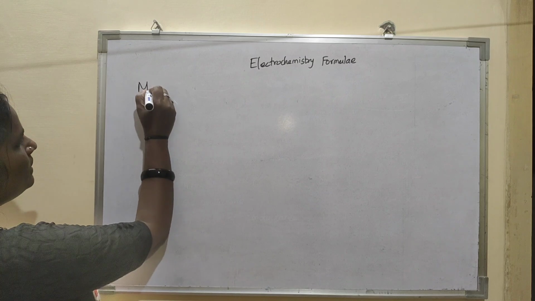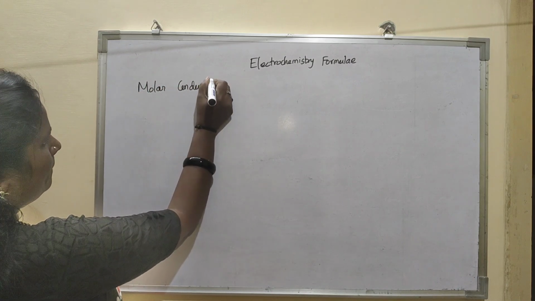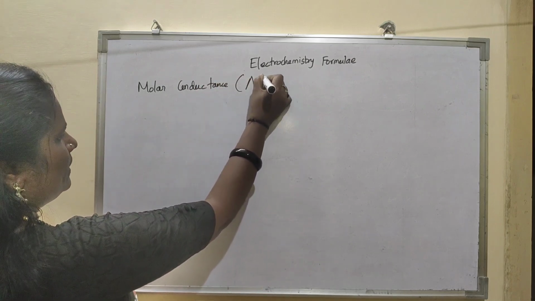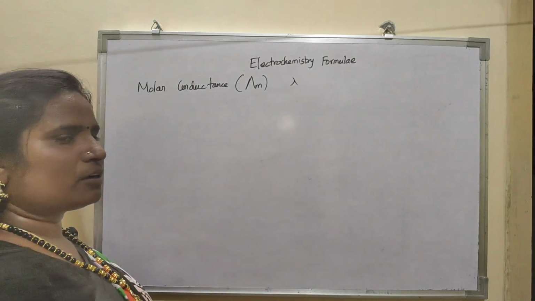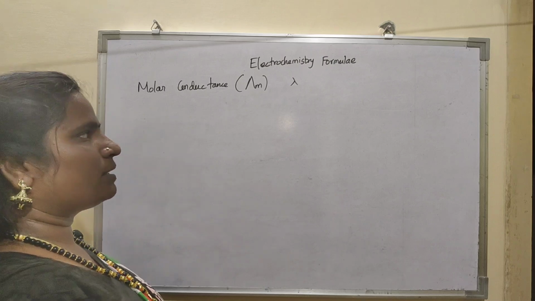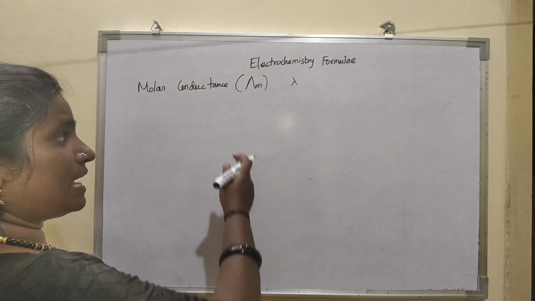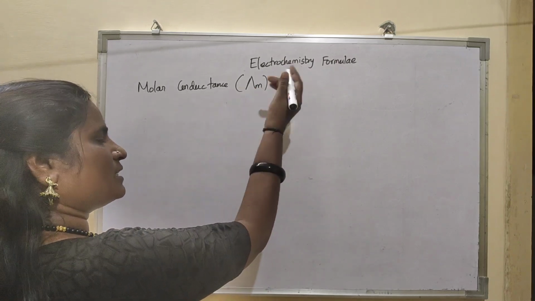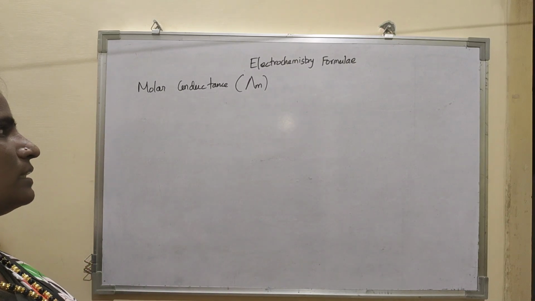First we know what molar conductance is. The symbol is capital lambda m. Small lambda is used in atomic structure as a wavelength, in the gaseous state as a mean free path, but in electrochemistry we use small lambda as the ionic conductance. The capital lambda with the subscript m is molar conductance. When the subscript is eq, we call it equivalent conductance.